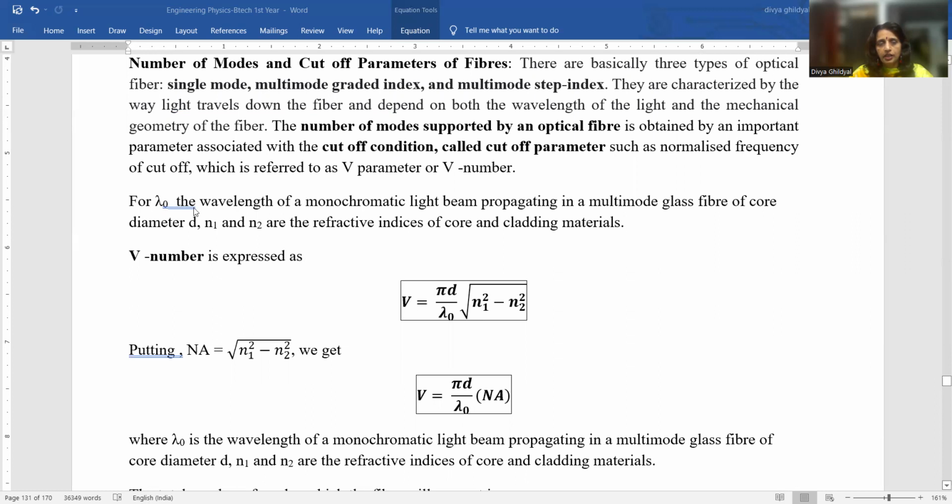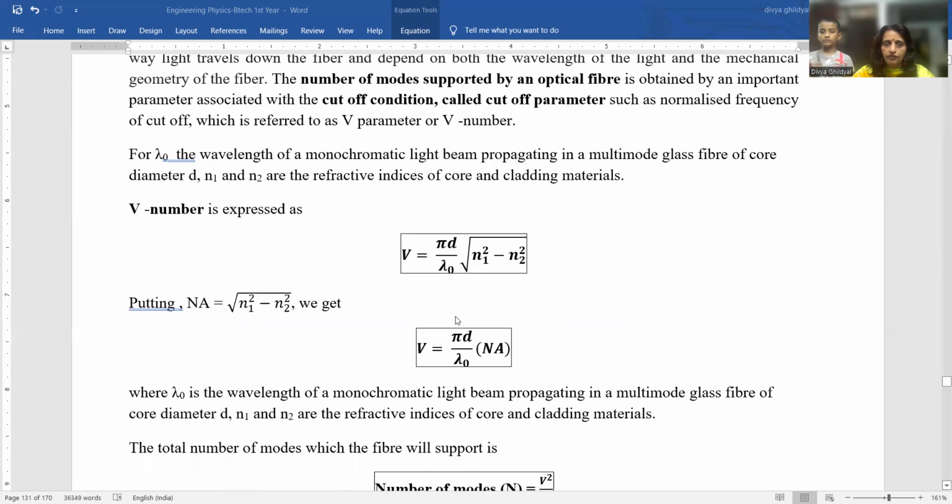Mathematically, suppose lambda naught is the wavelength of a monochromatic light beam which is propagating in a multi-mode glass fiber with core diameter D, and n1, n2 being the refractive indices of core and cladding. Then the V number is given by pi, that is 3.14, into D, the diameter of the core, upon lambda naught, the wavelength of the monochromatic light beam, into under root n1 square minus n2 square.